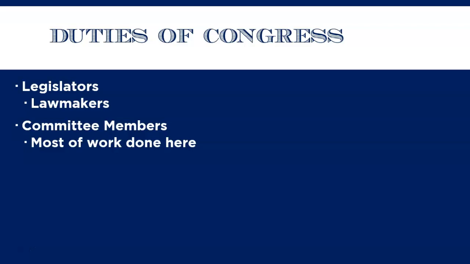They have assistants under them that can go out and look at things. We talked about how they poll constituents, see what they think about certain bills, and they utilize all this information to move forward with bills that they feel really have a good chance of passing and that are needed to pass. But most of the work is done in committee.